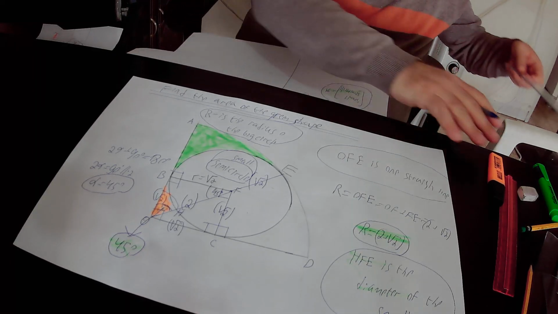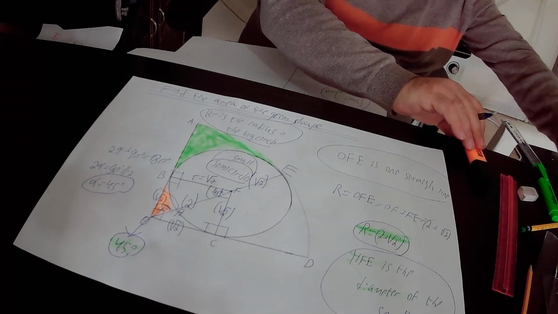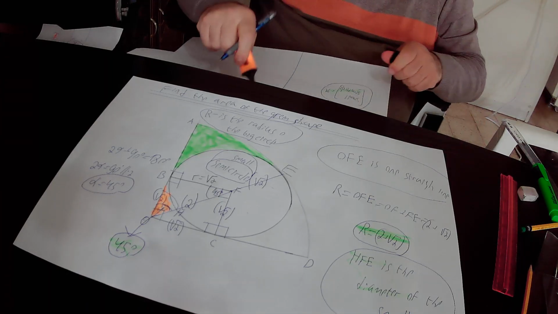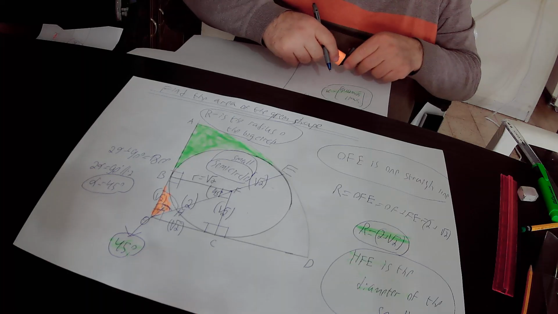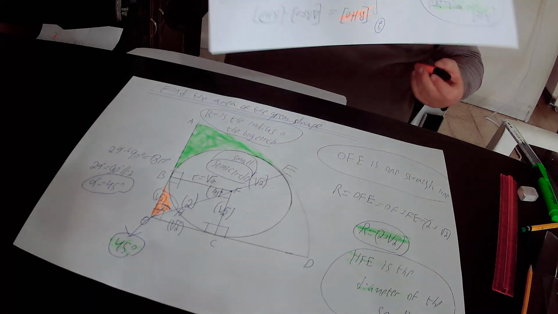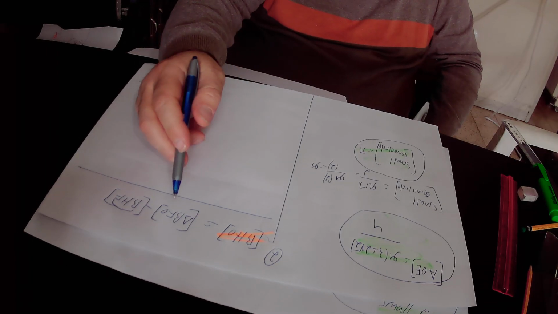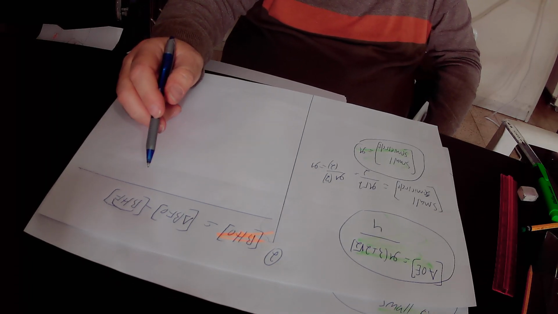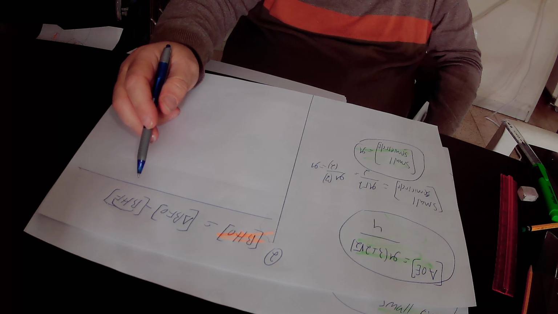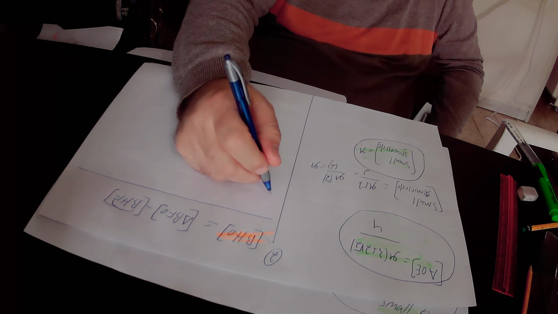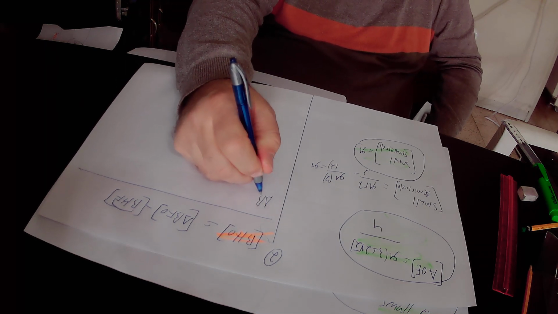So, in conclusion, we found out that the area of the orange shape BHO equals the area of the right triangle BFO minus the area of the small sector BHF. So what is the area of the right triangle BFO?